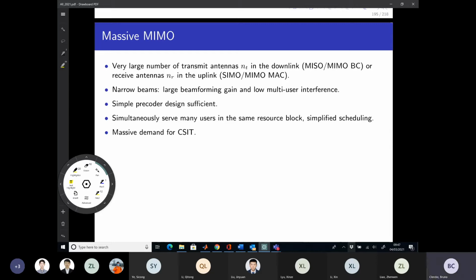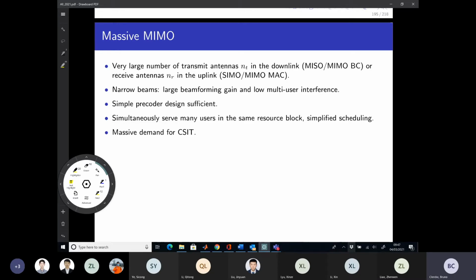So instead of having 4, 8, 16, now you go into regimes that are much larger, 100 or something like this. The benefit there is that you have the law of large numbers kick in, which enables you to have a relatively simple precoder design and a relatively simple scheduler as well.